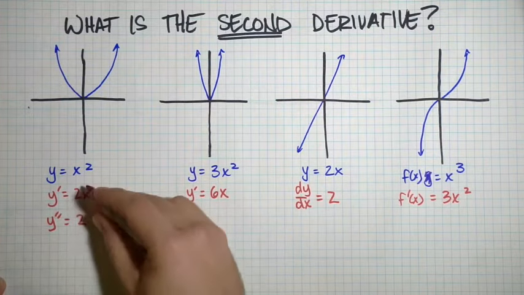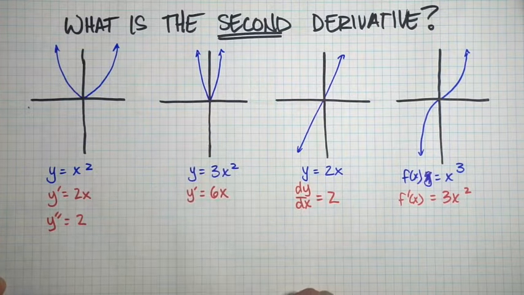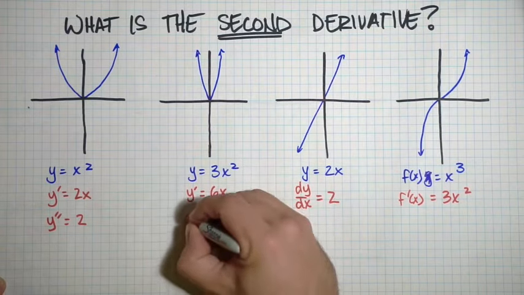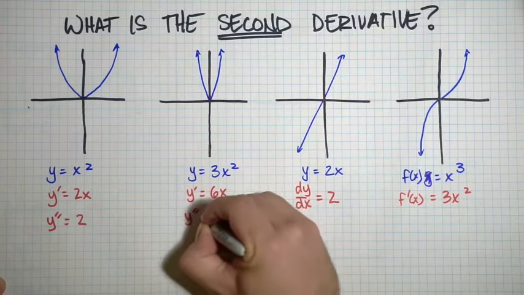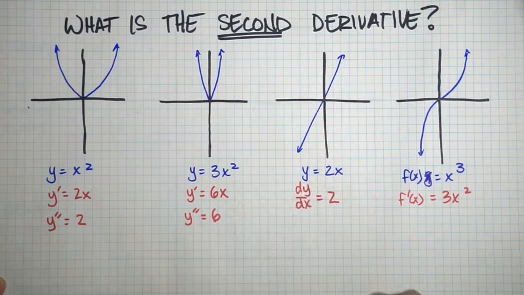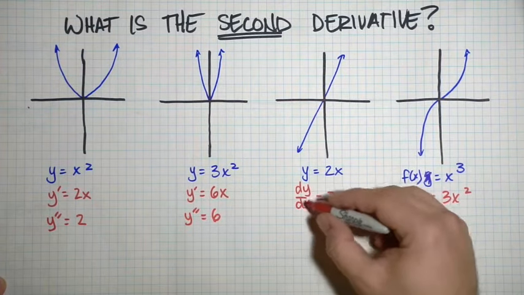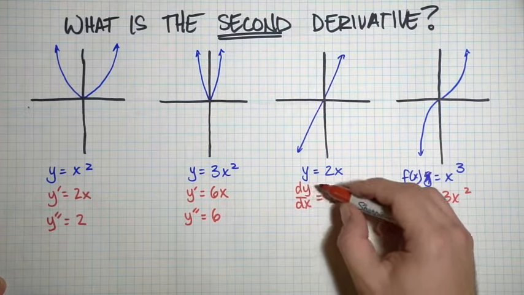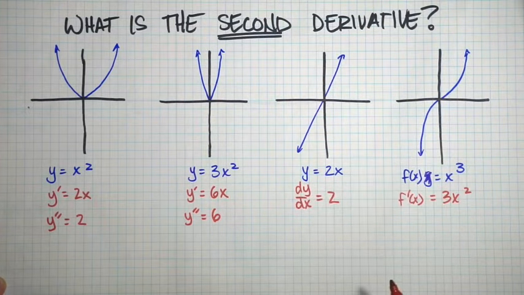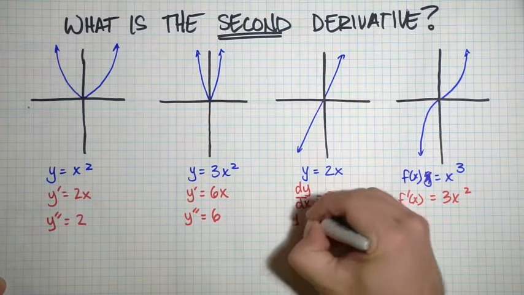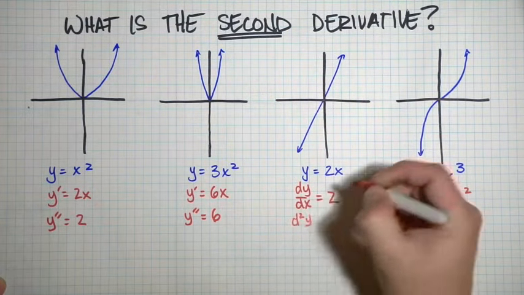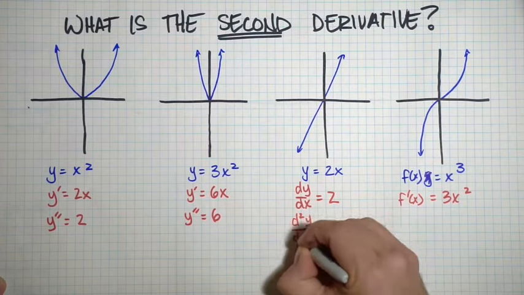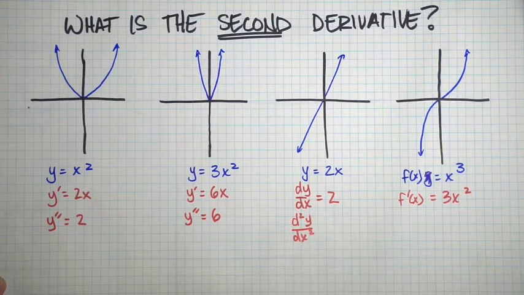So that's the second derivative of x squared. We can also show it here as y double prime is just going to be 6. This one here, we use different notation. So how do we show the second derivative with this Leibniz notation? Well, the way we do that is we say it's d squared y over dx squared.